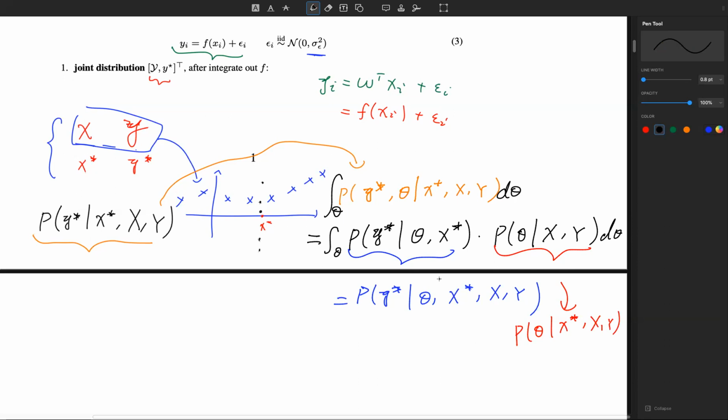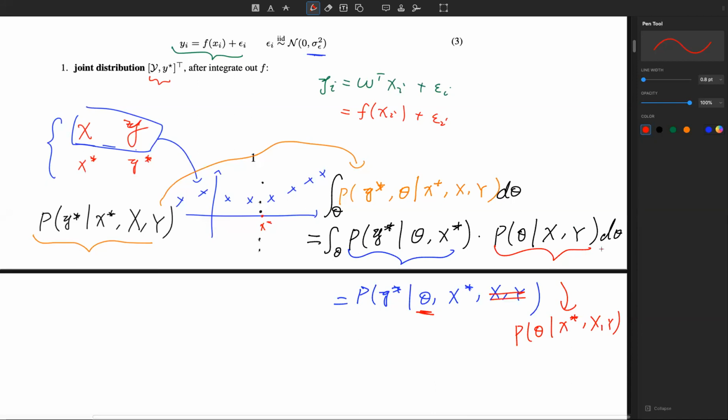Because the underlying assumption is that by knowing theta, the model, you don't need the training data. In other words, Y star is conditionally independent of X and Y given theta.